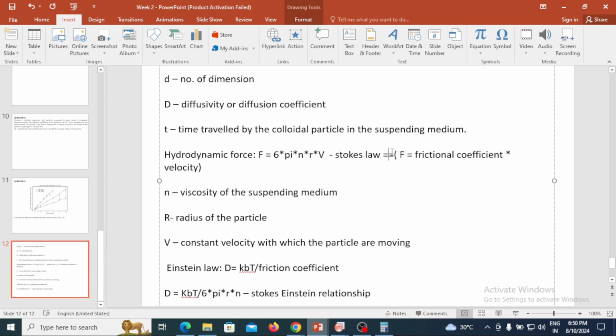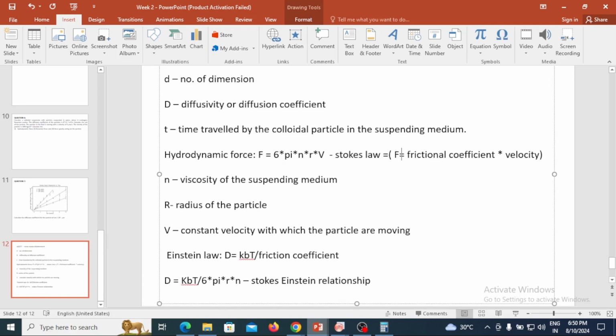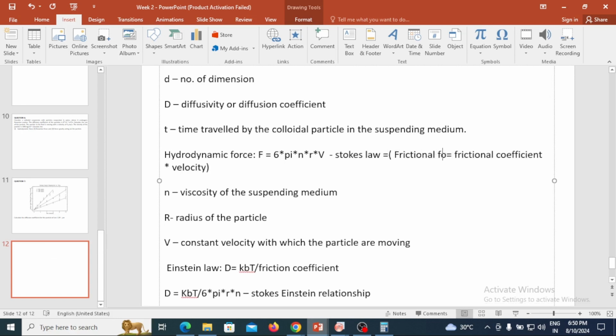So Stokes' law states that frictional force is equal to frictional coefficient times velocity, and Einstein's law states that the diffusivity can be expressed as thermal energy divided by the friction coefficient.